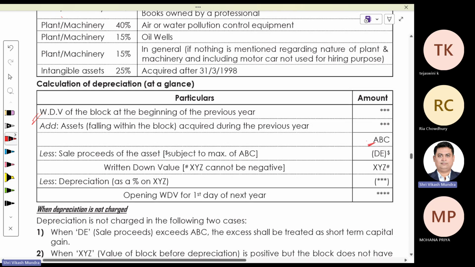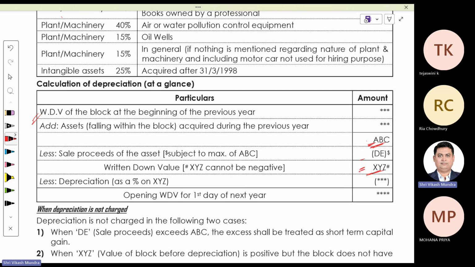From this ABC, we reduce the sale proceeds of any assets belonging to this block and sold during the year, provided the sale proceeds do not exceed the amount ABC. The remaining amount is XYZ. If this XYZ is positive, then we calculate depreciation. That was discussed in our last session.